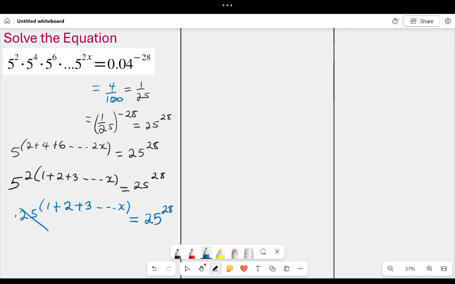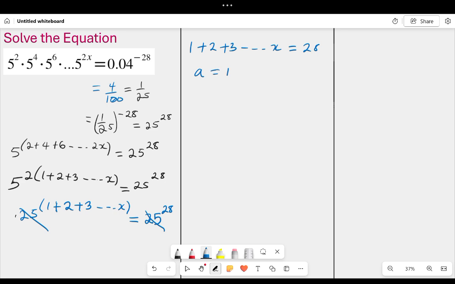Now we cancel the bases because they are looking the same. Now therefore our next step here, what is left up there is going to be 1 plus 2 plus 3 then all the way to x is equals to 28. Clearly this is an arithmetic sequence or series.